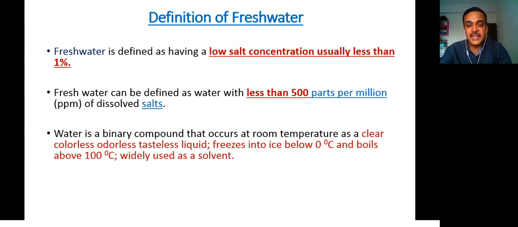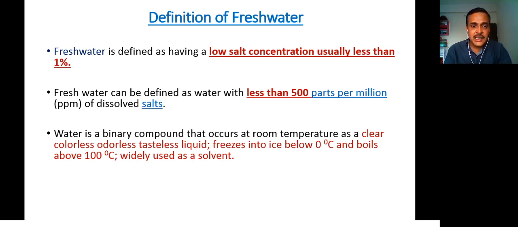When it freezes, it is converted into the form of ice or snow, that is below 0 degrees centigrade. And water boils at 100 degrees Celsius, and it is widely used as a solvent. It is also commonly known as a universal solvent.